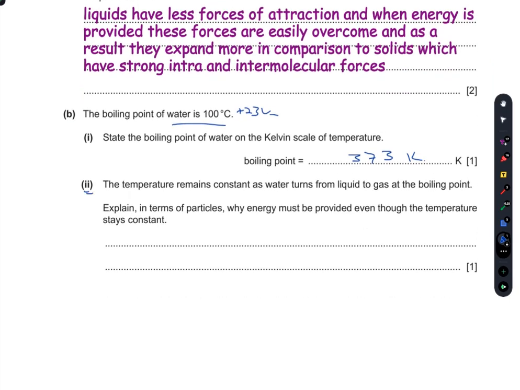So, part B: the temperature remains constant as water turns from liquid to gas at the boiling point. Explain, in terms of the particles, why energy must be provided even though the temperature stays constant. Why is energy provided at the boiling point? At the boiling point, a liquid turns into a gas.